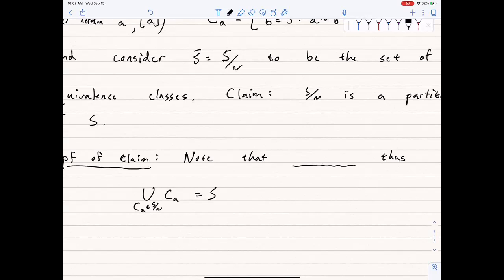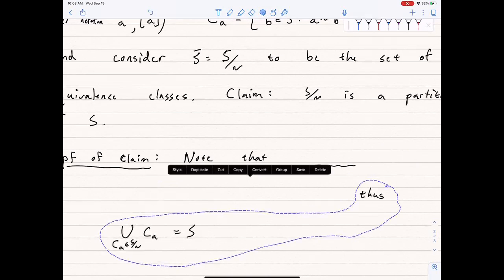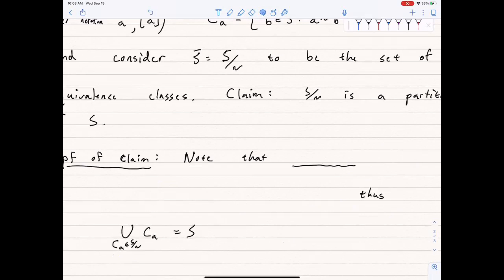How do I know every element of S is in some equivalence class? We don't know that yet. We're trying to prove it. How do I know that every element of S is in some equivalence class? Because if it's not in one, then it's its own equivalence class.